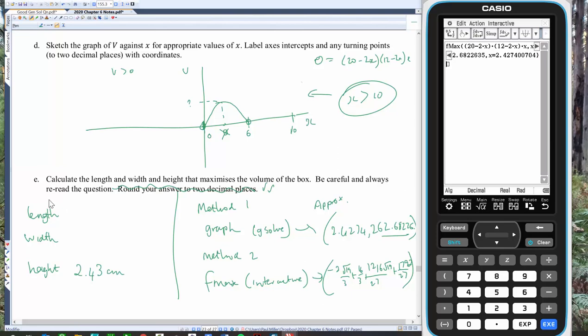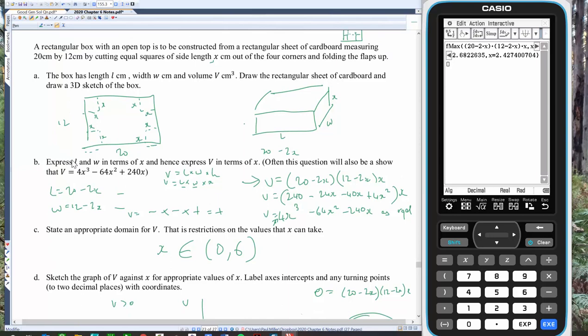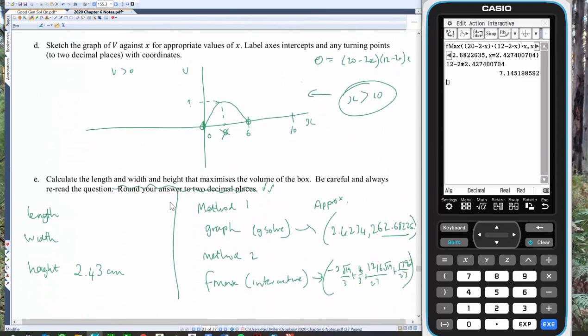Now the width, what we're going to do to get the width is to substitute it into our definition for width, which was this one here. So we're going to go and say 12, take away 2 lots of, and we're using this value for x. We're going to try and use the most exact version of it. So grab all the decimal places to quote the width in this case as 7.15 centimeters.